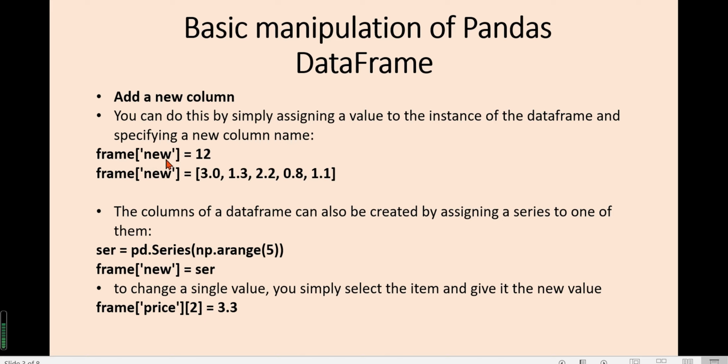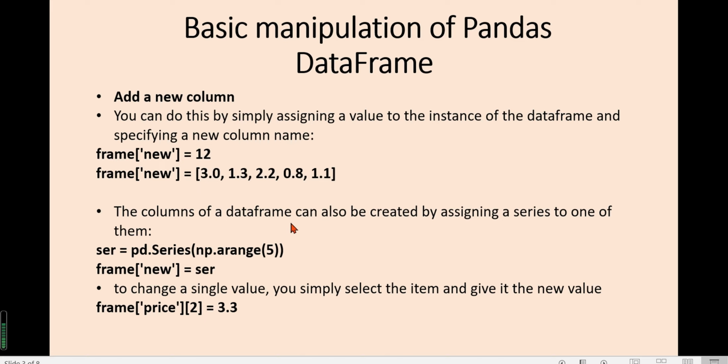Then assign a value to this new column, and all the rows of this column will have the value 12. Alternatively, we can add a list or an array to this new column, so these 5 values will be assigned to this new column.